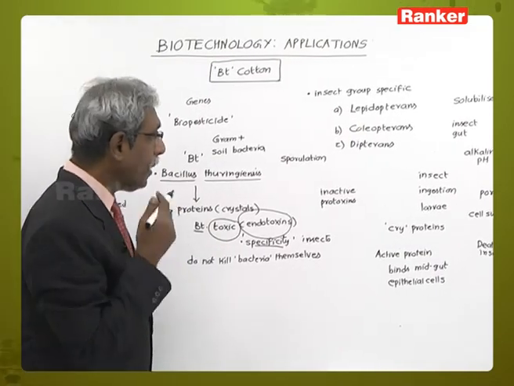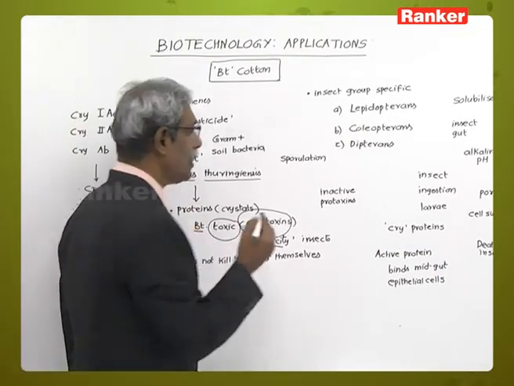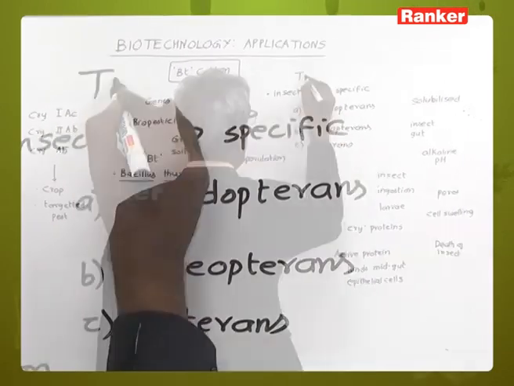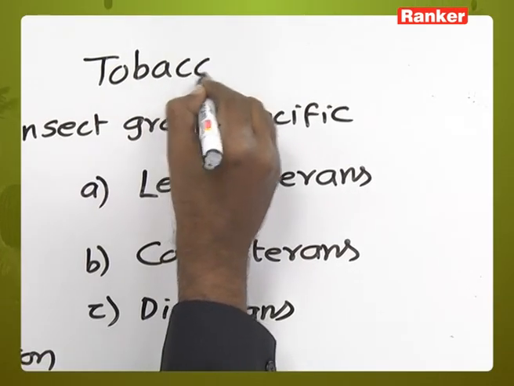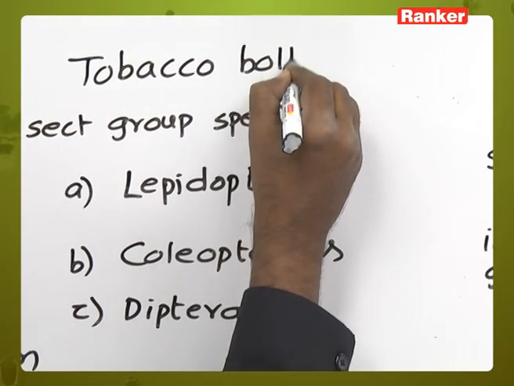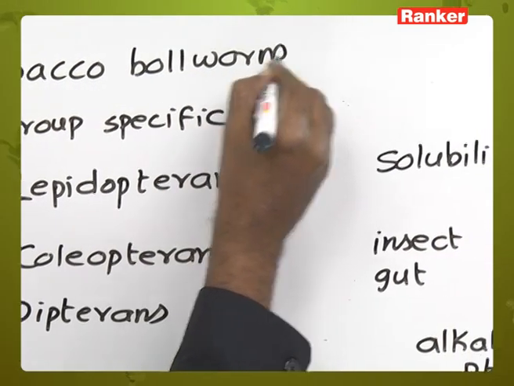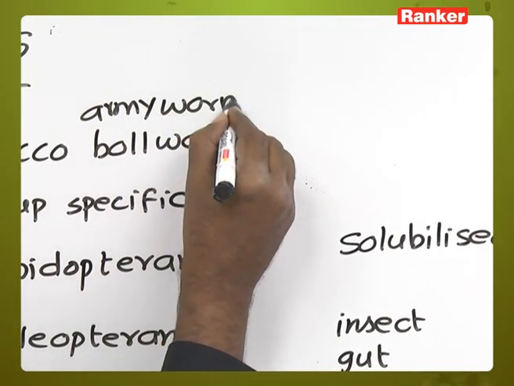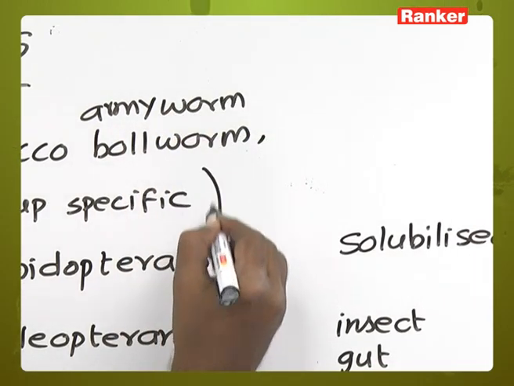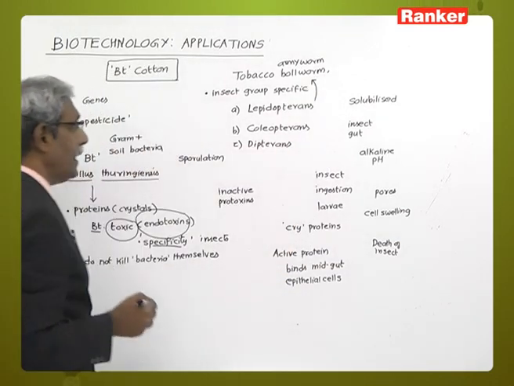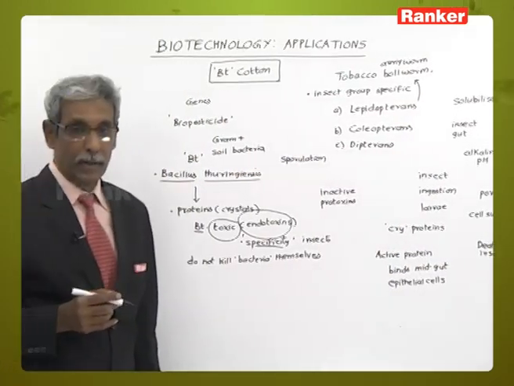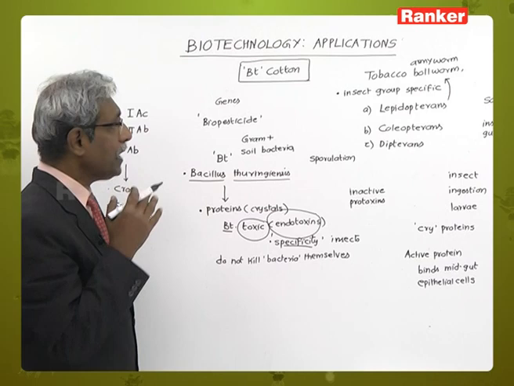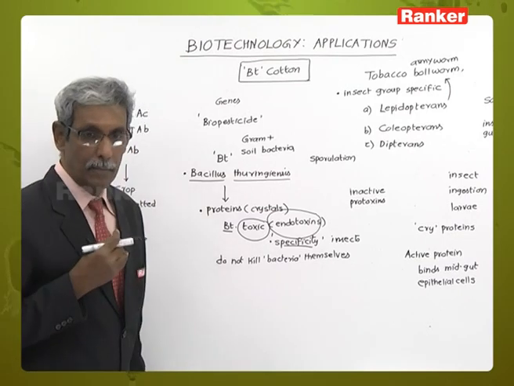Lepidopterans include the tobacco bollworm and also the armyworm.